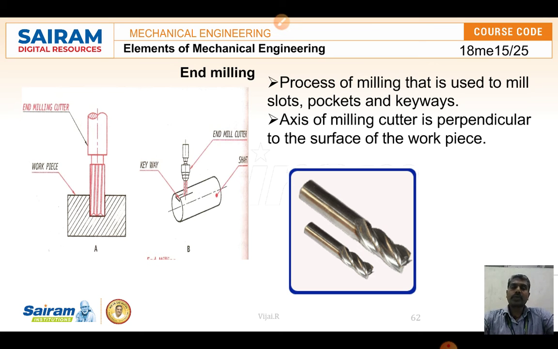Another operation we can do is with the end milling cutter. By using an end milling cutter, we can make pockets, slots and keyways in different products. We can make holes, cutaways, longitudinal cuts, keys. These are things we can perform with the help of the rotating milling cutter, which we call an end milling cutter.